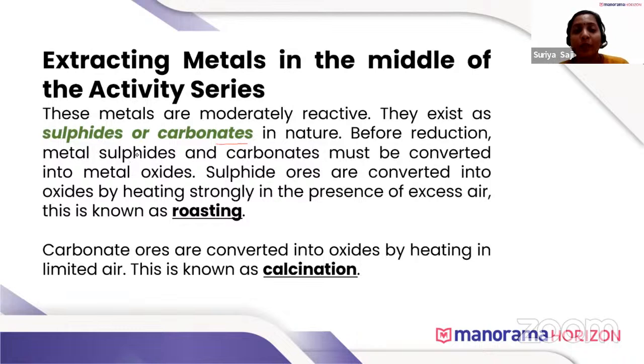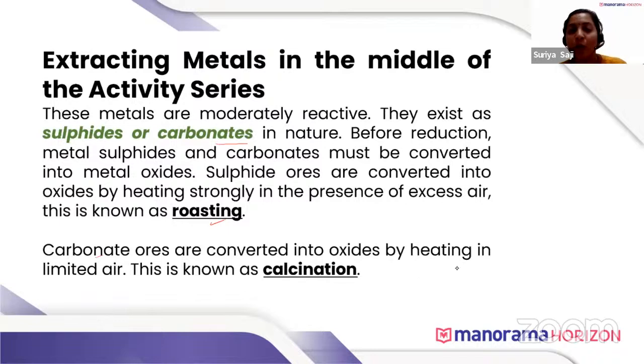Then it is subjected to heating in the presence of air. For sulfide, in the presence of air, it is known as roasting. In the absence of air, it is calcination.